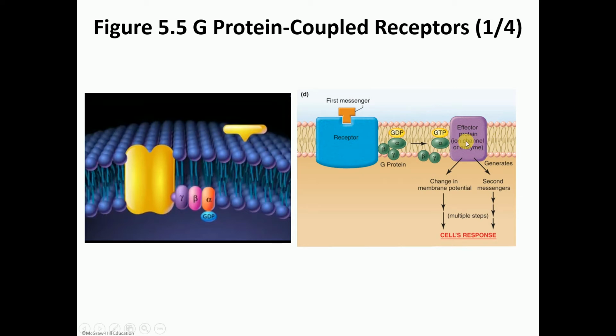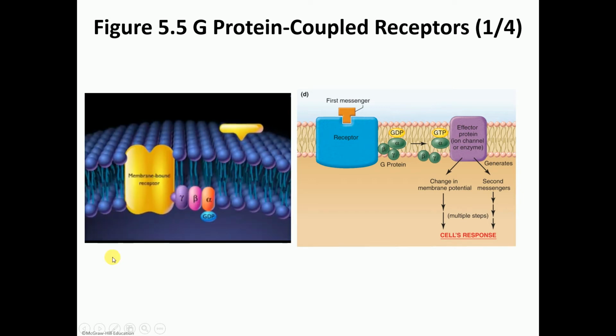So at this point, if an ion channel is open, we are going to change the membrane potential leading to a cell response, or if we activate an enzyme, that enzyme can generate a second messenger, taking the message to the inside, leading to cellular response as well. Now let's take a look at the video to illustrate what we just talked about.